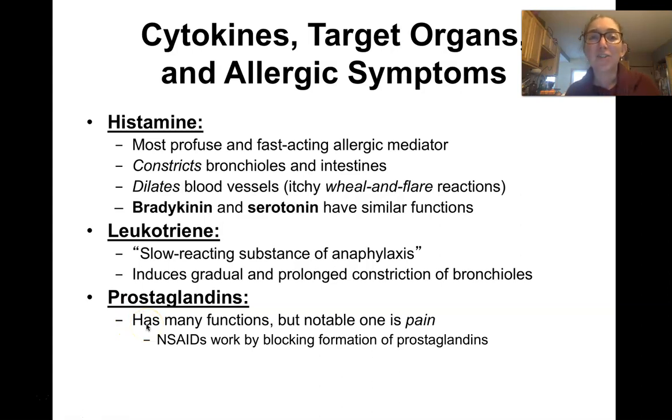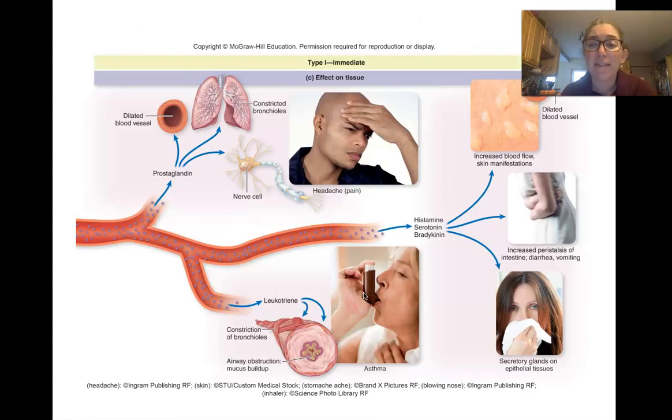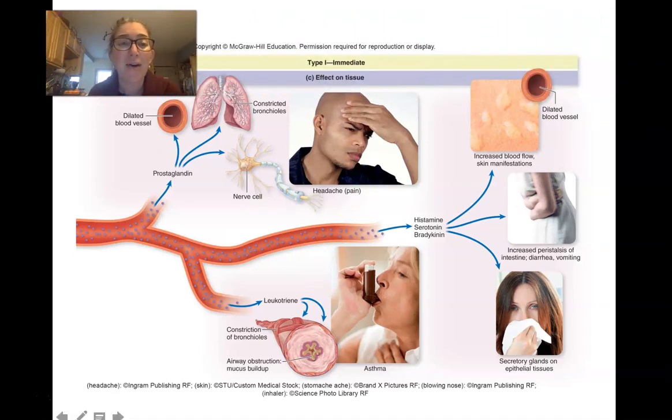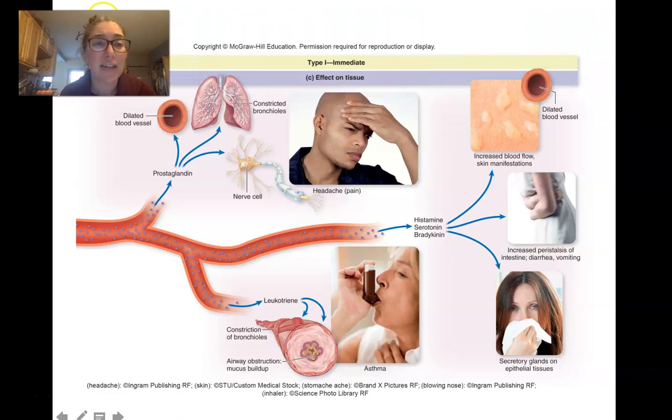So a lot of the classic over-the-counter medications that you take for allergies work to counteract the effects of one of these 3 cytokines that are produced by those mast cells when they are triggered to release. This is a slide showing you more graphically how each of those different cytokines works.